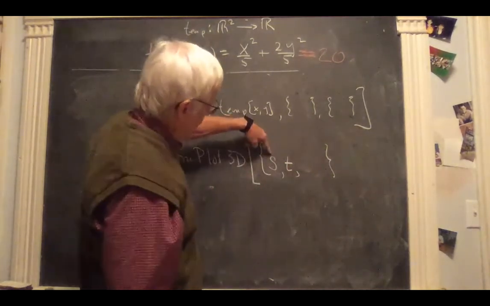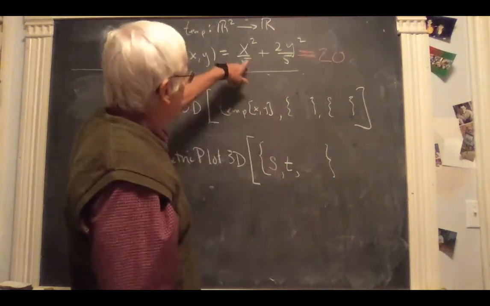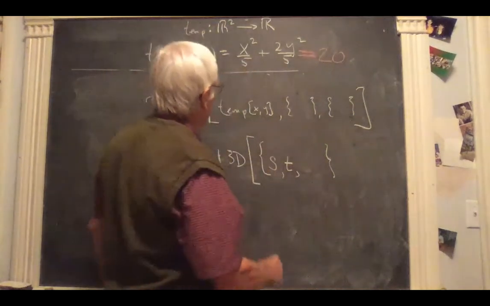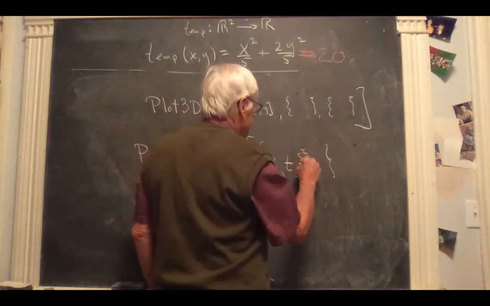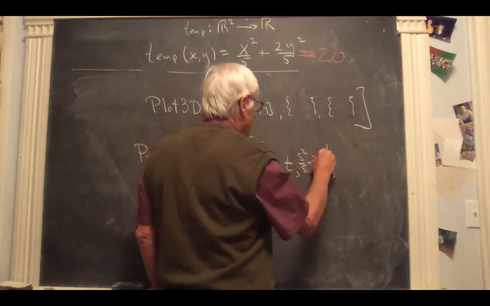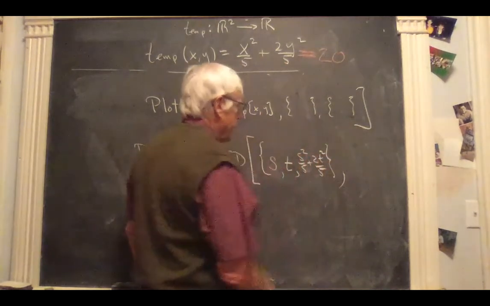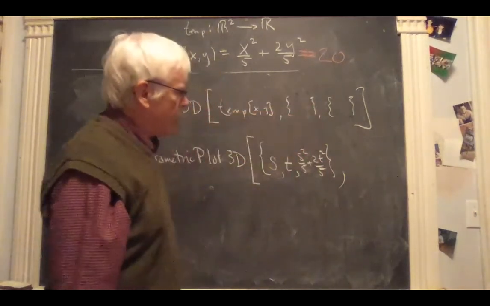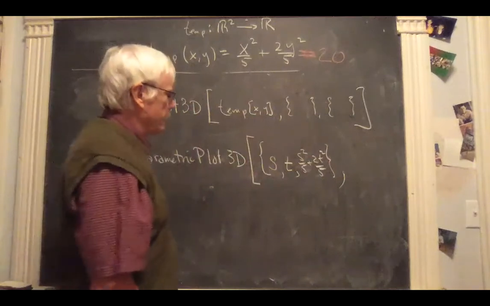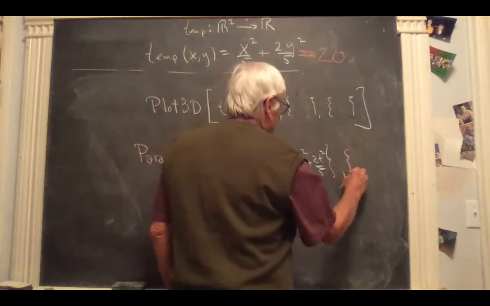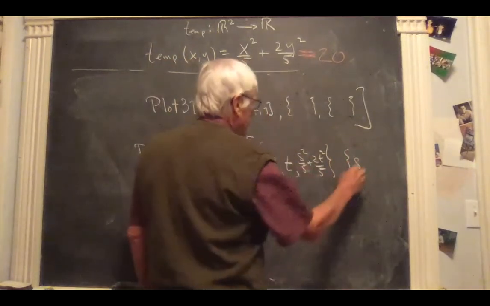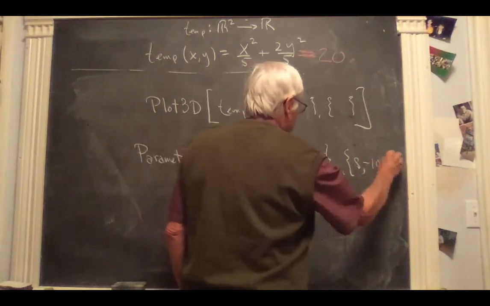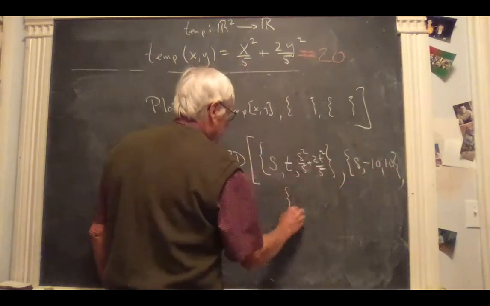So this will be my x, this will be my y, and my z will be s squared over 5 plus 2t squared over 5. These are exactly the points on the graph, and that's what ParametricPlot does for you. This time s will go between -10 and 10, and so will t.